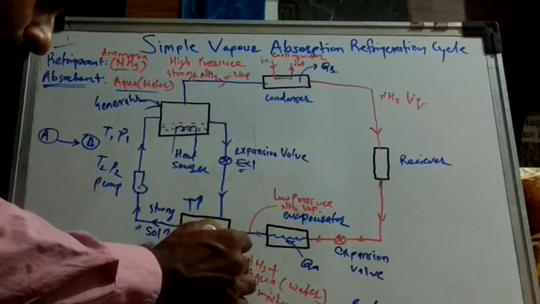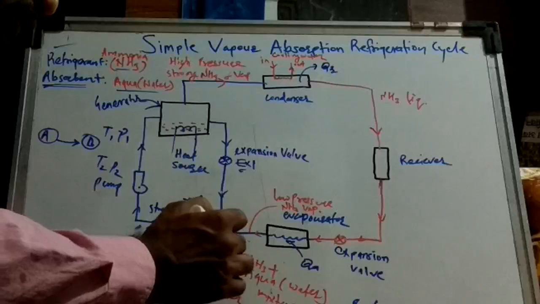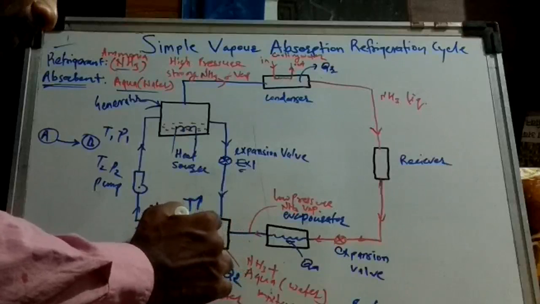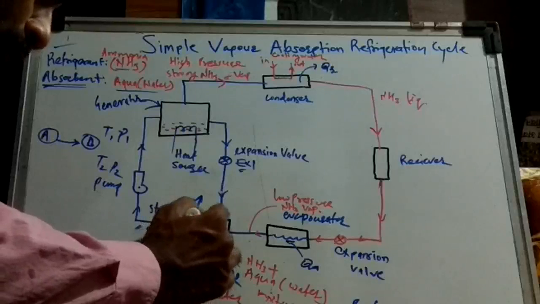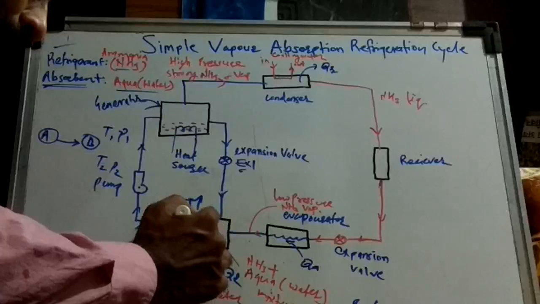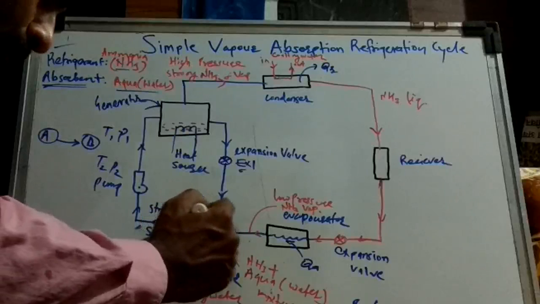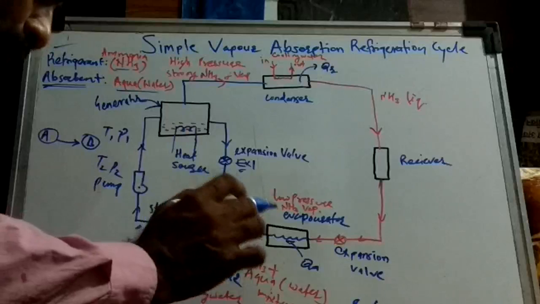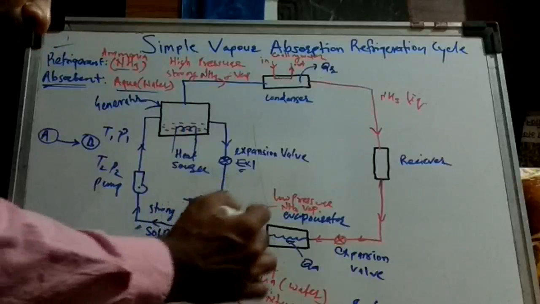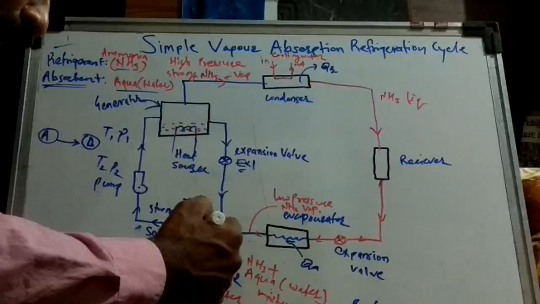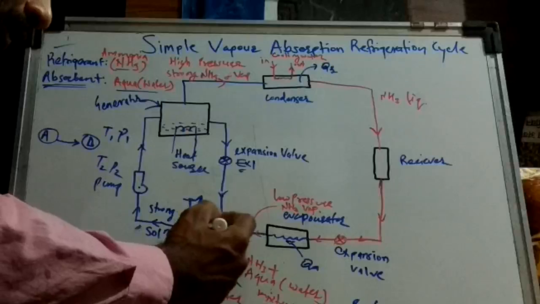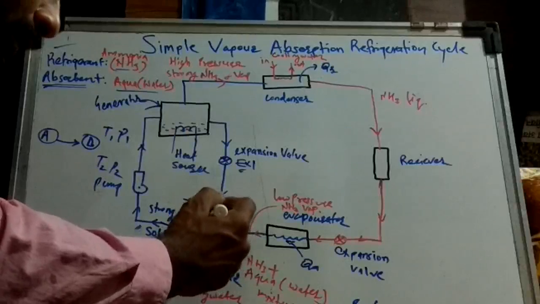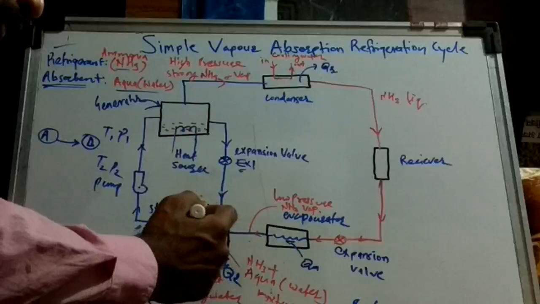That is done by providing a cooling arrangement, so a cooling coil has been used here. Cooling water is circulated so that the heat present here is rejected to the surrounding, and because of that the absorption capacity of the absorbent increases. Again, because of that the pressure in the absorber decreases.